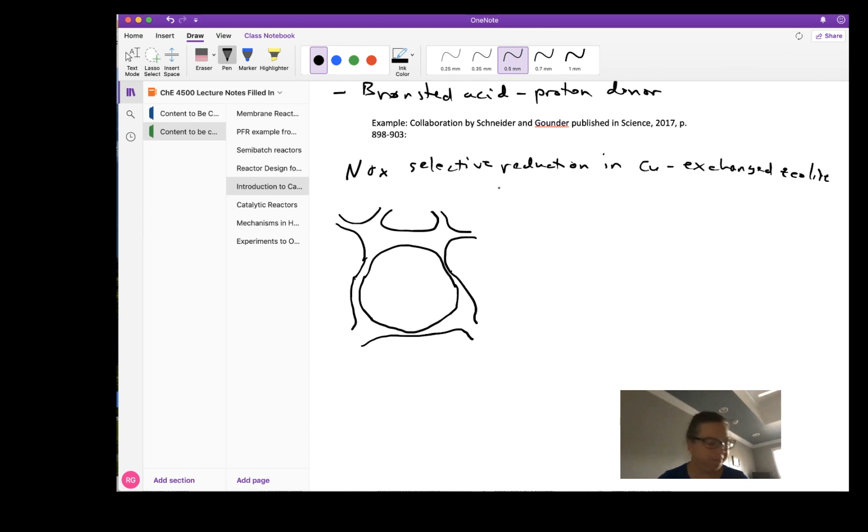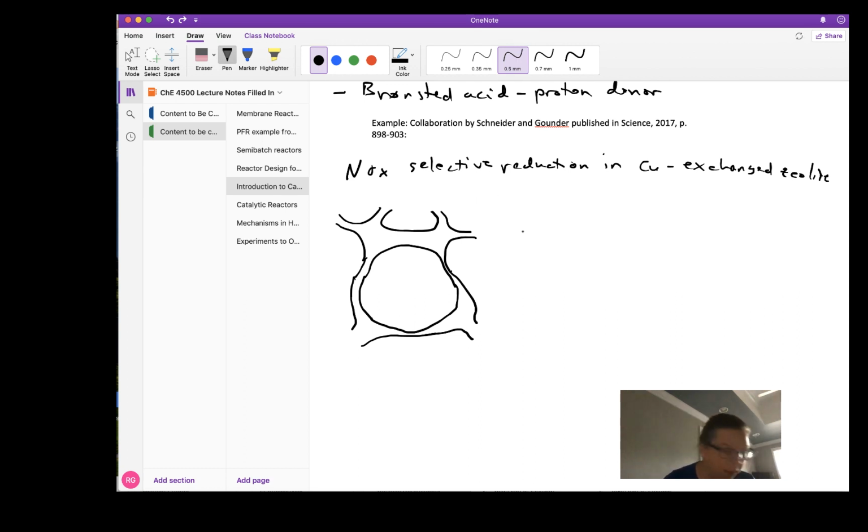In this case, there are copper ions, and they kind of loosely anchor at the surface. What's going on in this particular reaction, NOx selective reduction, is that NOx, which is NO and NO2, is going to react with oxygen and ammonia to form nitrogen and water.